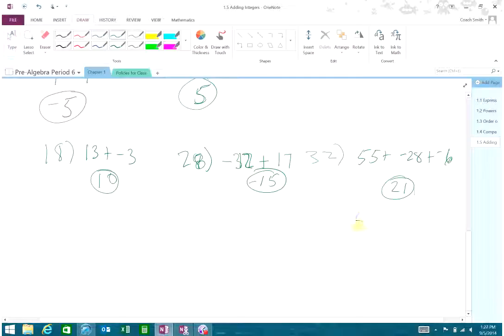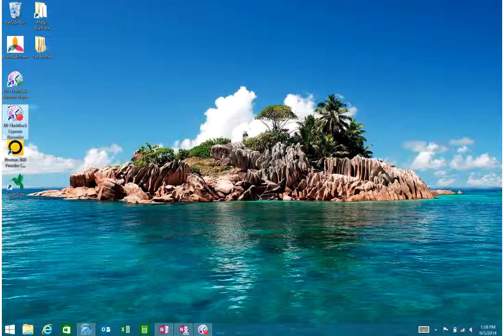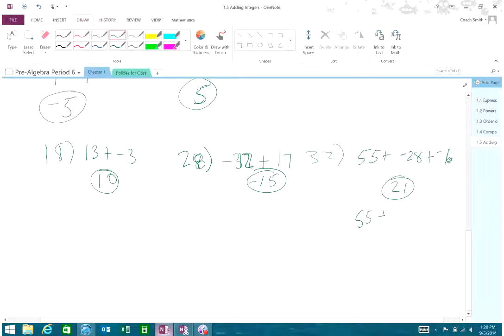You got 55 plus, you're going to put these two together. So our rule says when you have two signs that are the same, you add them together. 28 plus 6 is 34, and you keep the sign, so I have to keep the negative sign.